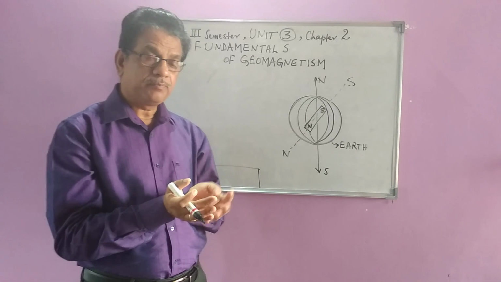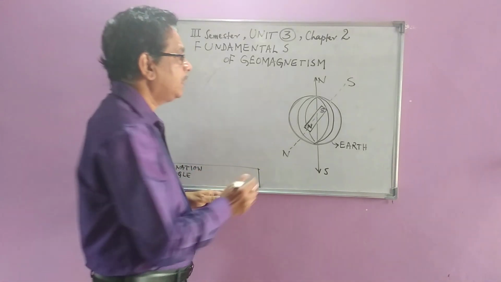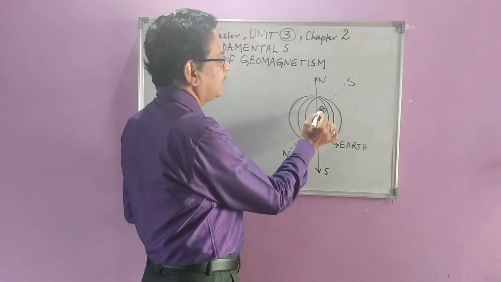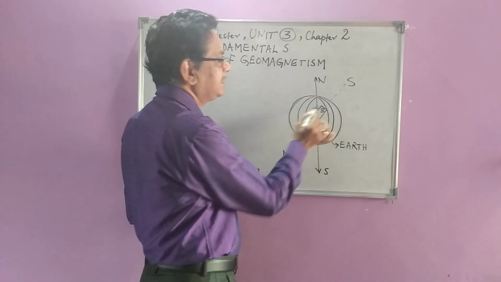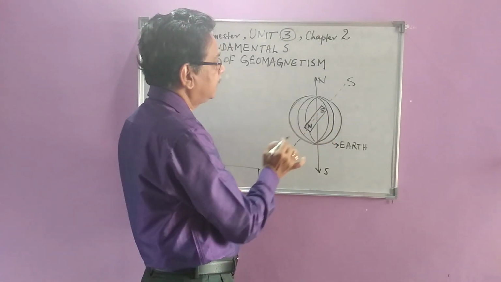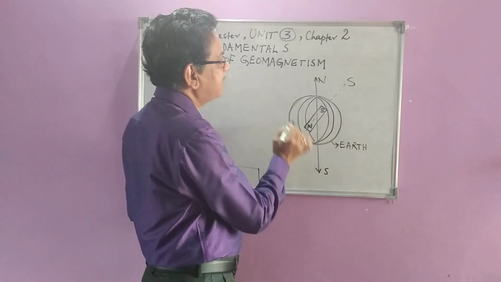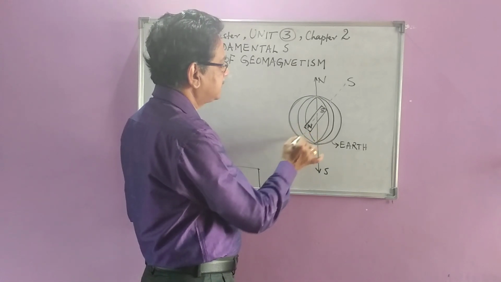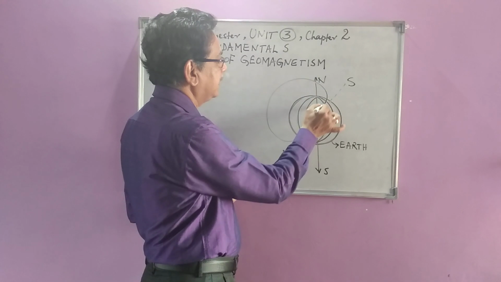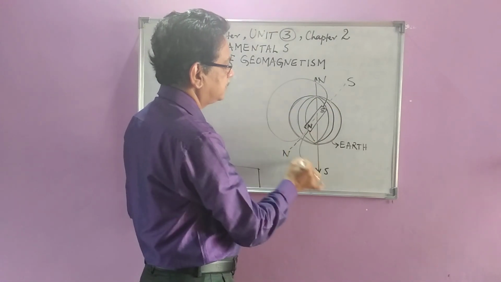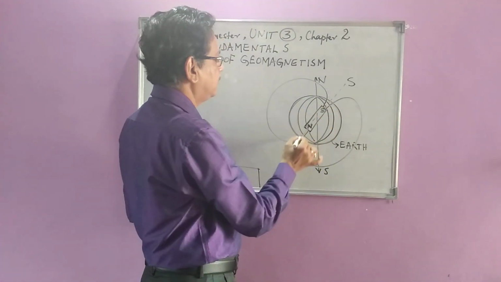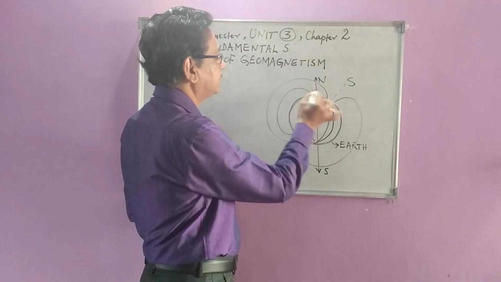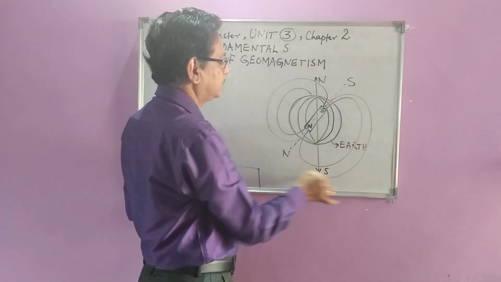For that, we assume there is one magnet inside the Earth. And because of this magnet, we have got magnetic field lines surrounding the Earth like this. These are magnetic field lines.